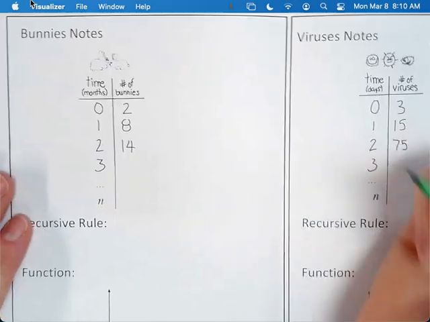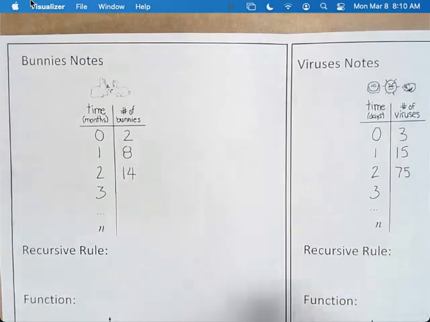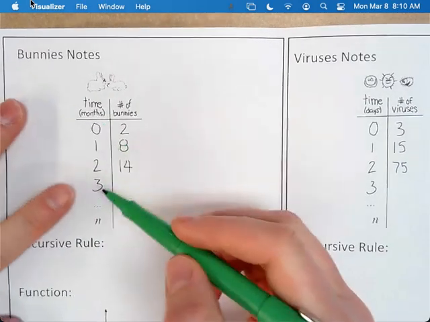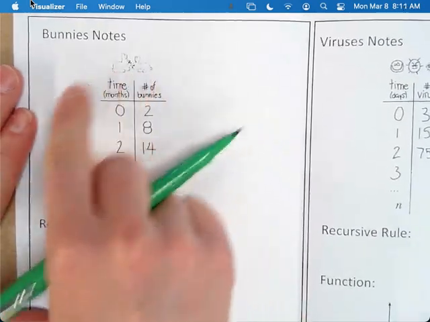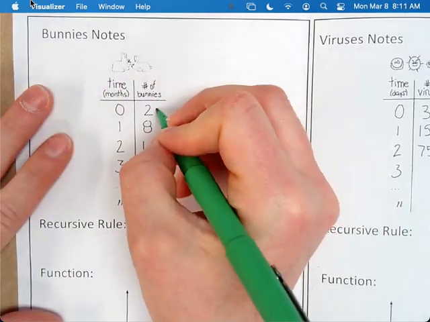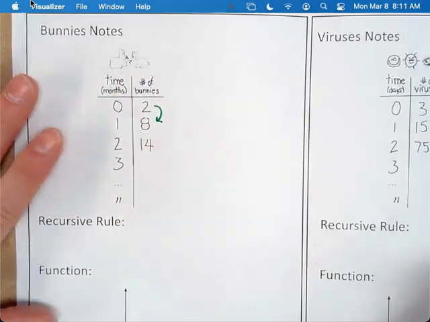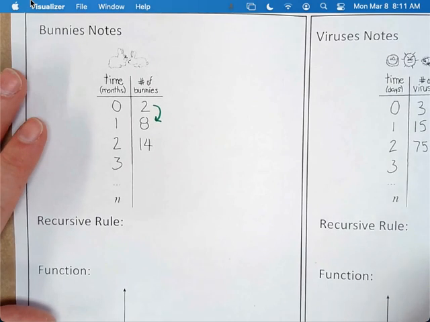All right, so let's look a little bit more in depth. We need to find the number of bunnies and viruses for these scenarios if the pattern continues for the time of 3. So time in months is 3, time in days 3. Let's look at this table and find out how much it's increasing by each month.